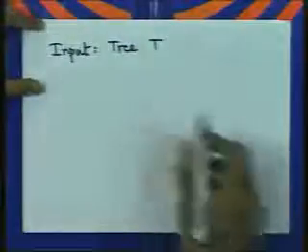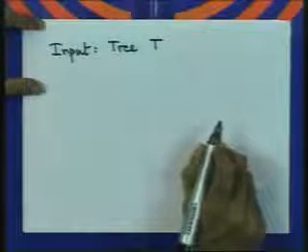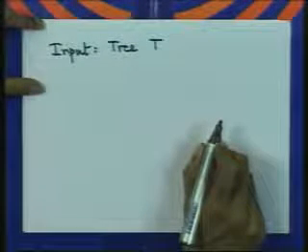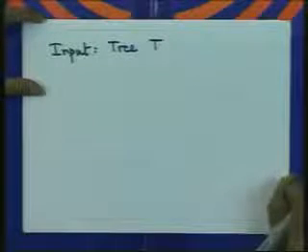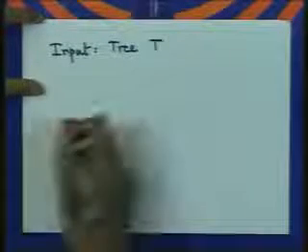Okay, so here's the problem in totality. The input is a tree T. By a tree I mean a graph that is connected and acyclic.